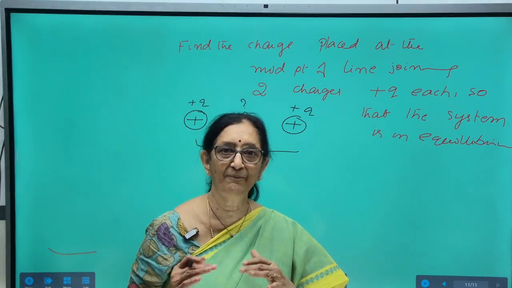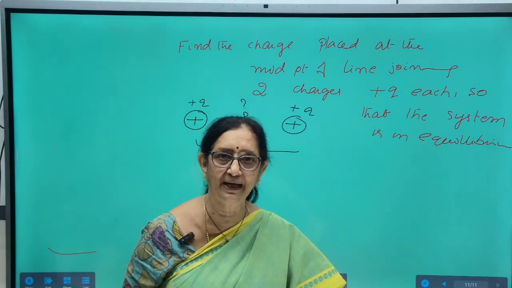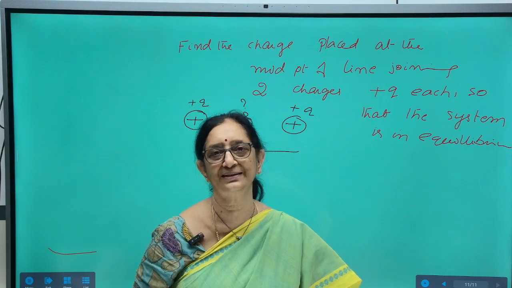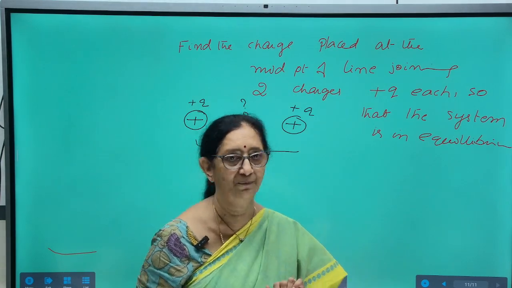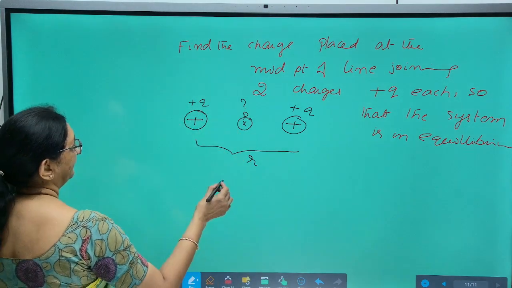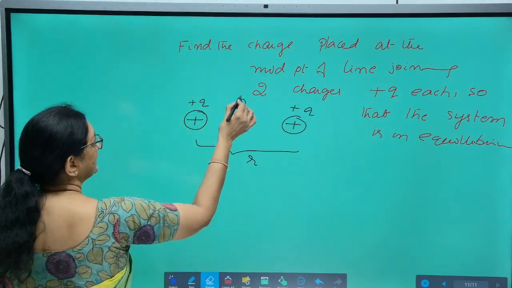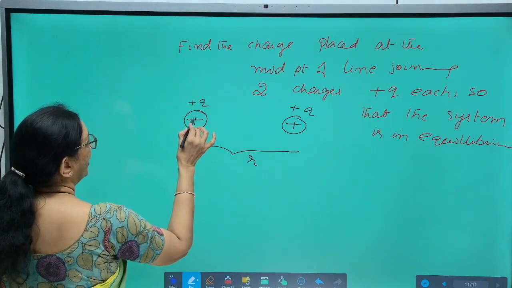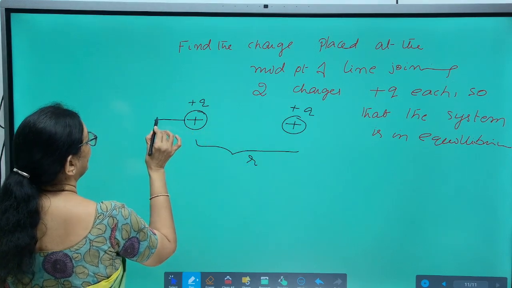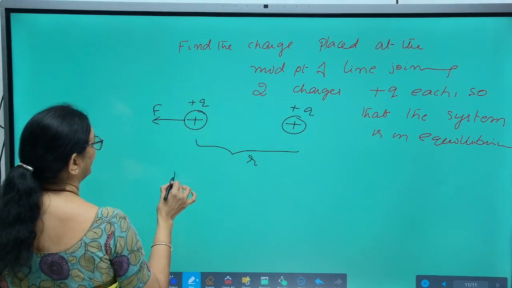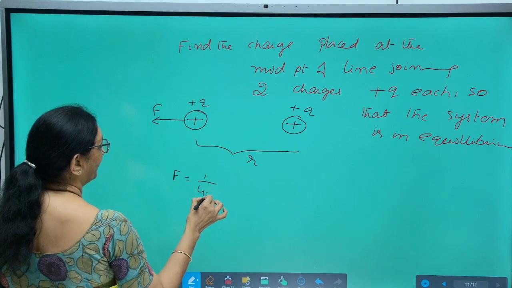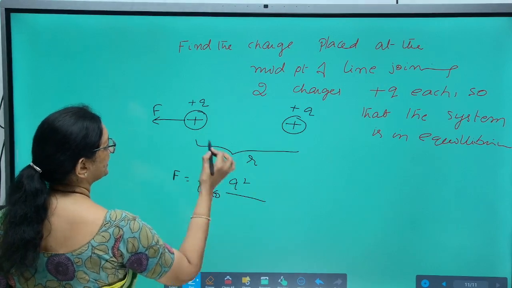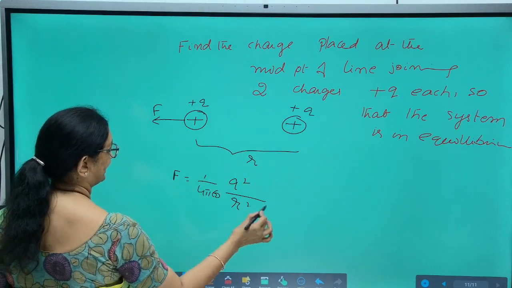The system will be in equilibrium only when the net force on individual charges is equal to 0. So, for the time being, let us forget about the charge placed at the midpoint. On this charge due to this, force F is equal to 1 by 4 pi epsilon naught q1 q2, that is q square, distance is r square.